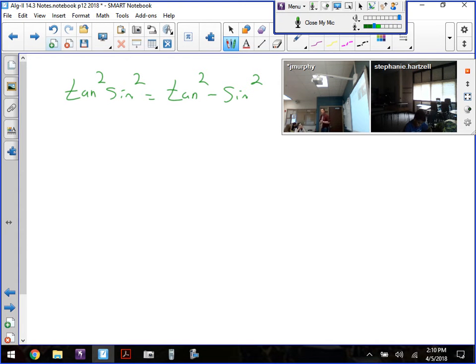So when I'm looking at this one, I have to think about a way that I can rewrite either tangent squared or sine squared into 2 pieces. Well, the easiest one to write would be sine squared is 1 minus cosine squared. If I do that, I get tangent squared times 1 minus cosine squared, excuse me.